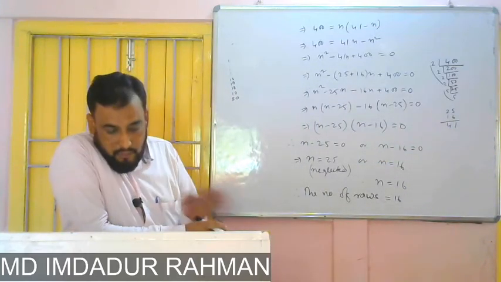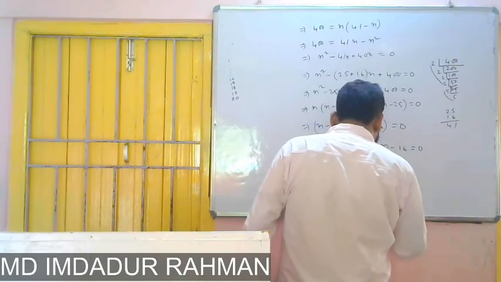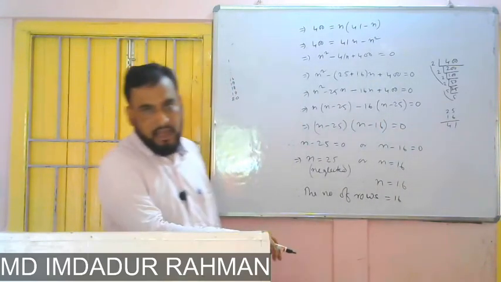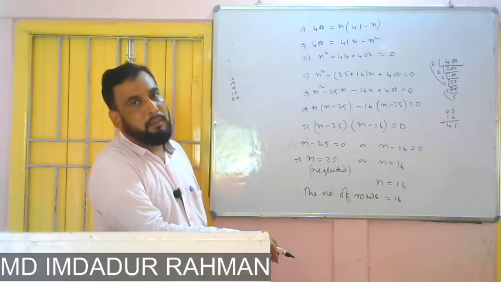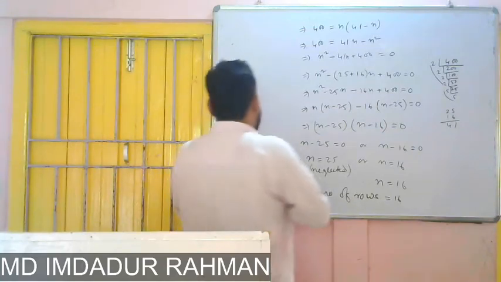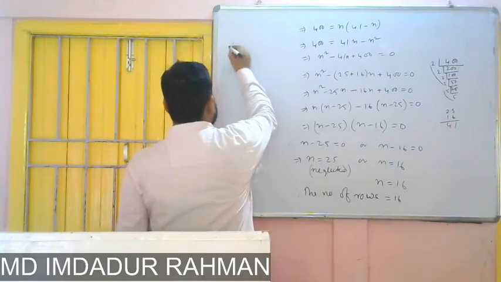And one more question is there. How many logs are there in the last row? That is, in the 16th row, what is the number of logs? So again we have to continue taking n as 16.